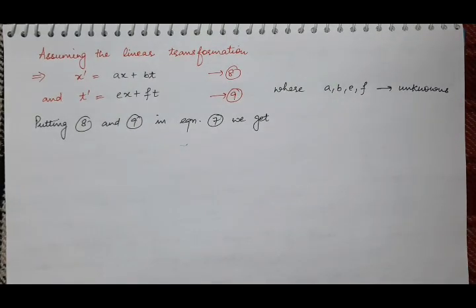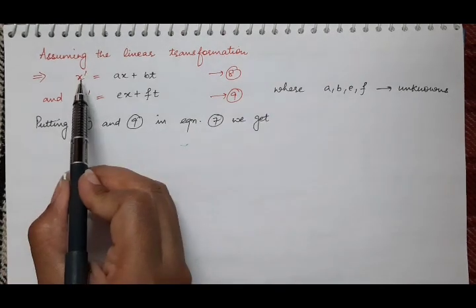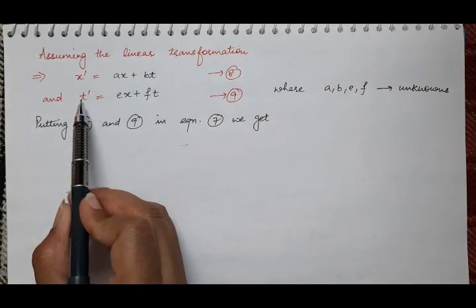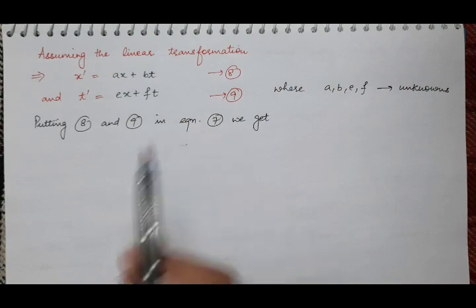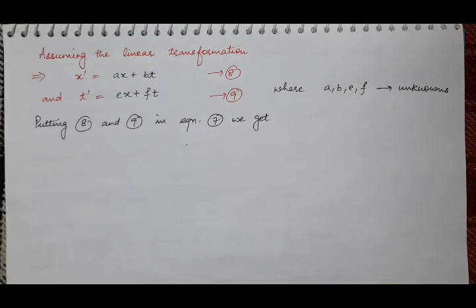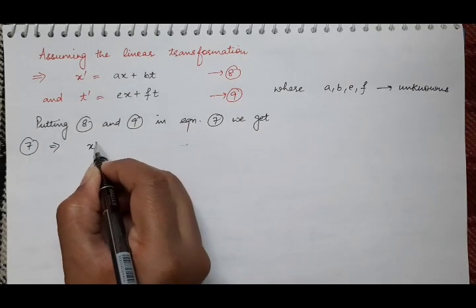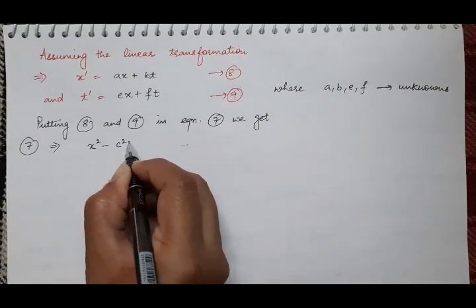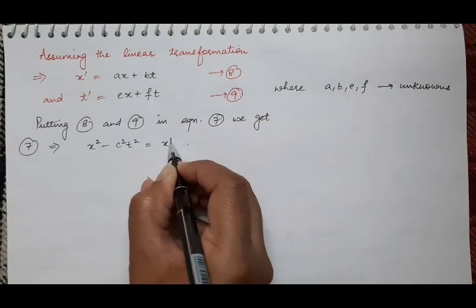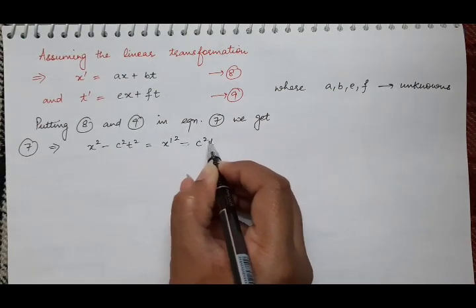So how? First of all, put the values of x dash and t dash from equations 8 and 9 in equation 7. And what is equation 7? It is x square minus c square t square equal to x dash square minus c square t dash square.